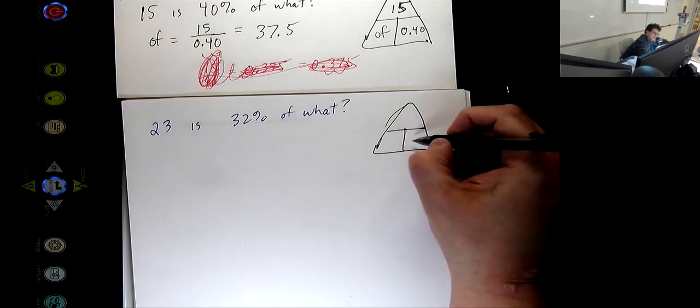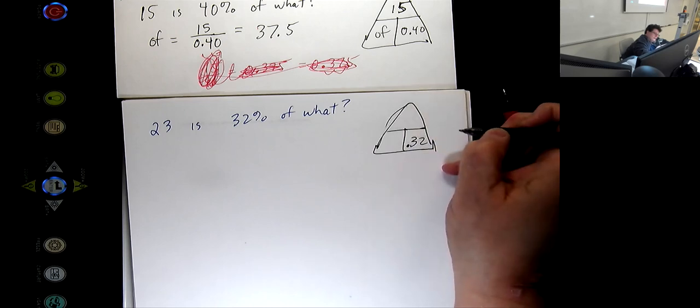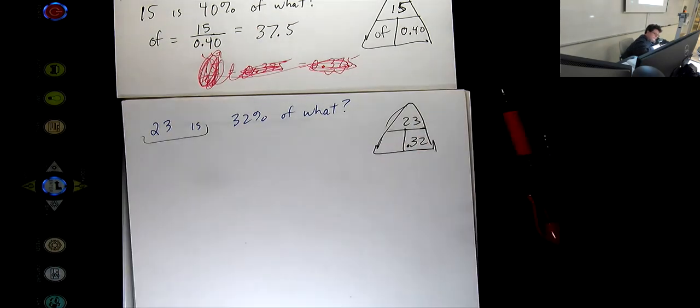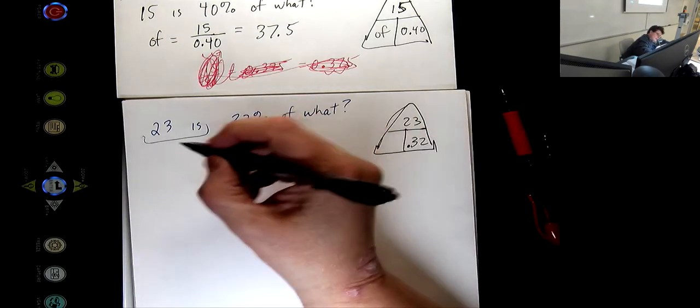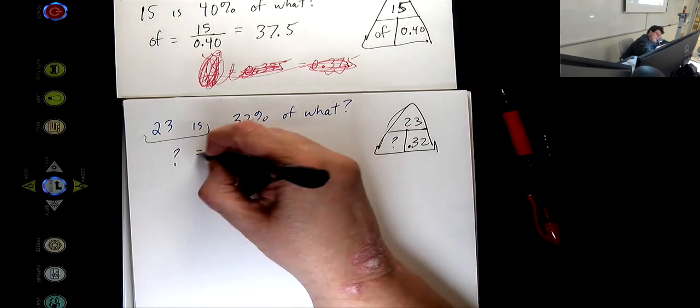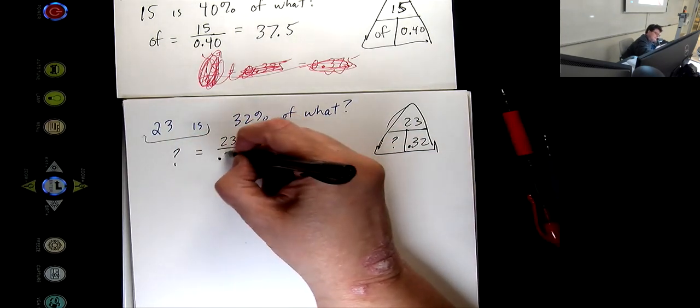So the percent, I'm gonna write as a decimal, so 0.32. The "is" has got a 23 with it, so it goes on top. So my "of" is the question mark, and it's 23 divided by 0.32.